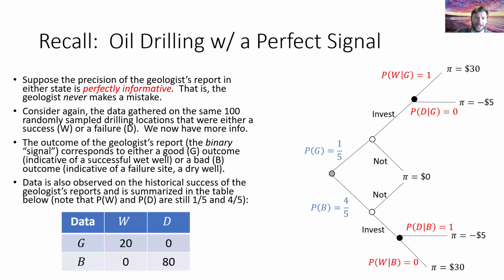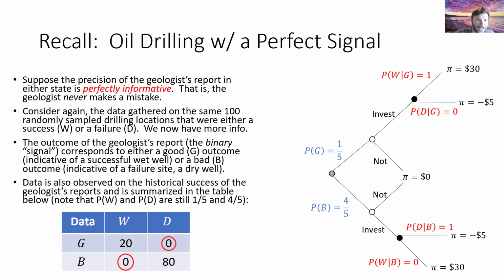Another perspective on our geologist's perfect signal is that the geologist does not make any mistakes. He never gives a bad signal to a wet well, or the geologist never awards a good signal to a dry well.